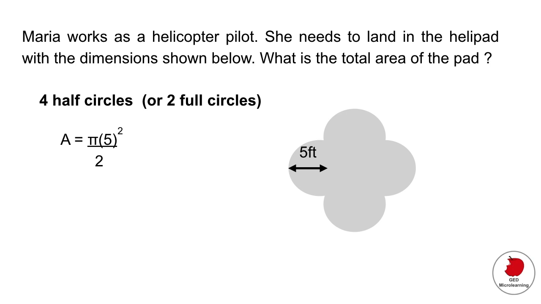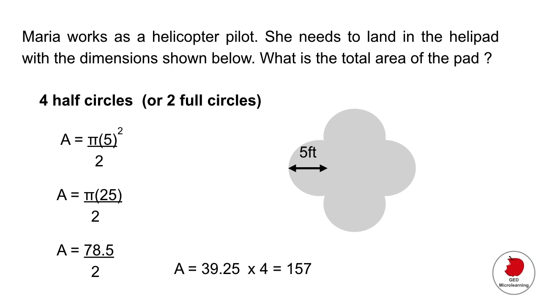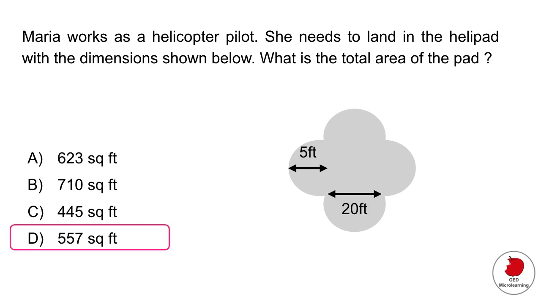So all you do here is you would introduce that number there, that 5, into the formula, and you end up with this area for a half circle. So we multiplied by 4 because there's 4 half circles. That gives you 157. And then you would add that number to the 400 that you found before for the square, and that gives you option D.